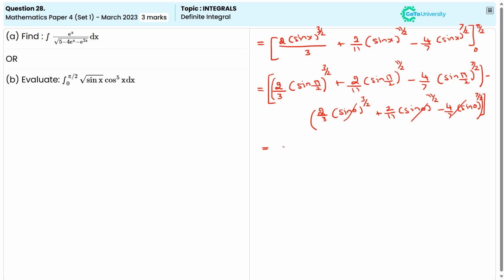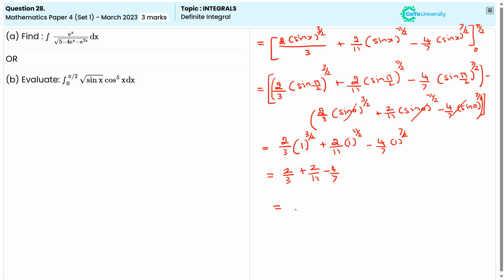So finally, you know that sin pi by 2 is 1, so we have 2 by 3 into 1 power 3 by 2, plus 2 by 11 into 1 power 11 by 2, minus 4 by 7 into 1 power 7 by 2. So we have 2 by 3 plus 2 by 11 minus 4 by 7.